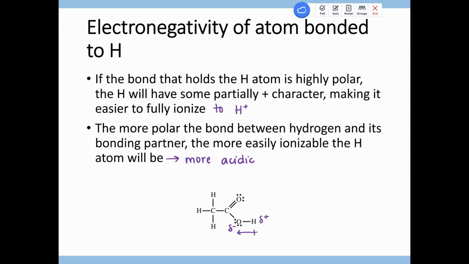So the hydrogens bonded to carbon with pretty much a nonpolar bond are not acidic. These have really low acidity. This has high acidity. So stronger acid, weaker acid. So if you're looking at this molecule, this is the acidic hydrogen that would be removed by a base.